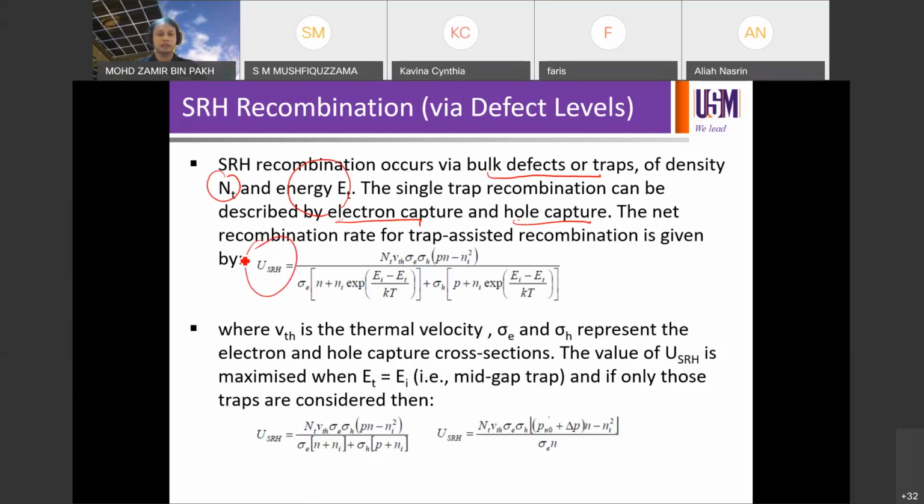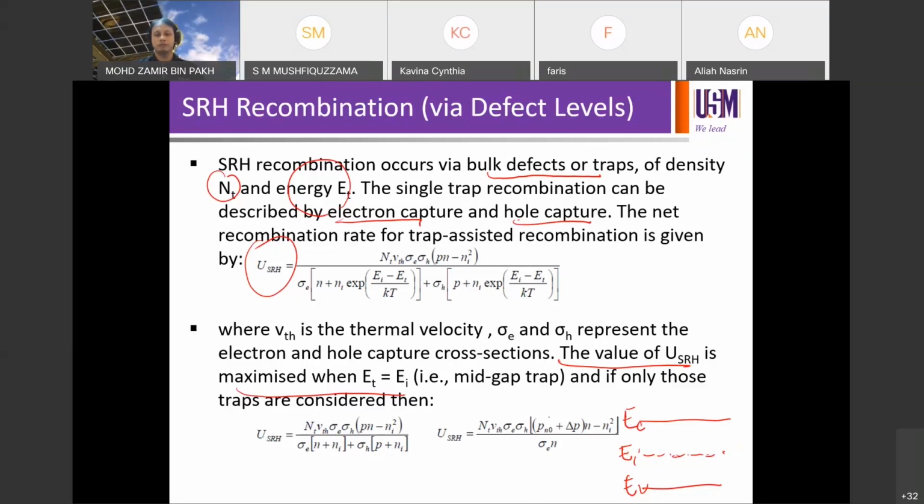It's a very complicated, long equation, but it can be simplified if the energy level of the trap states is equal to mid-gap. For example, if your trap states lie right in the middle of your band gap, so this is your EC, this is your EV, and say this one is your EI, the intrinsic energy level, the original one.